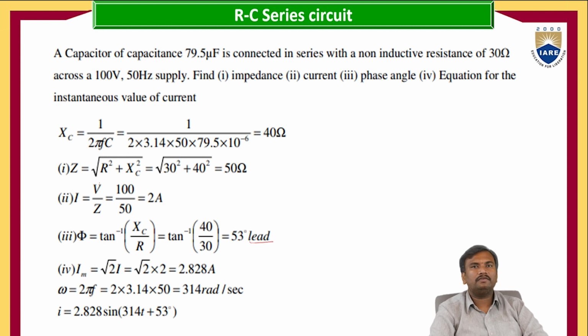So the maximum value is root 2 into I, that is root 2 into 2, which is equal to 2.828 amperes, where omega is equal to 2 pi f, that is 2 into 3.14 into 50, that is 314 radians per second. So I is equal to 2.828 sine 314t plus 53. This is the instantaneous current equation corresponding to the RC series circuit.